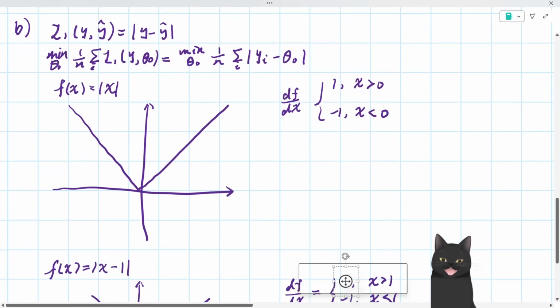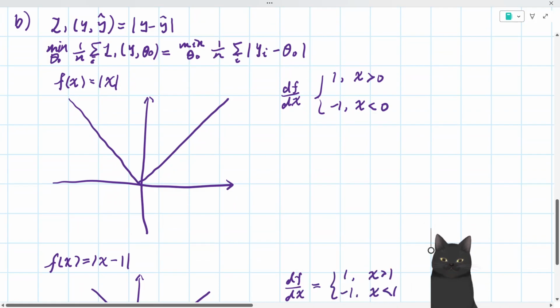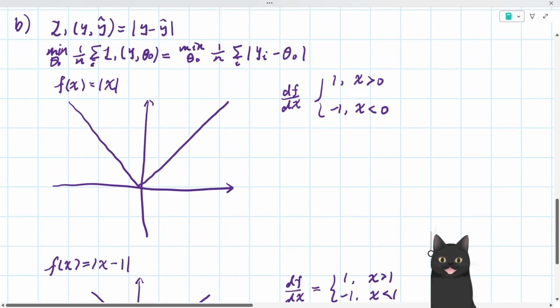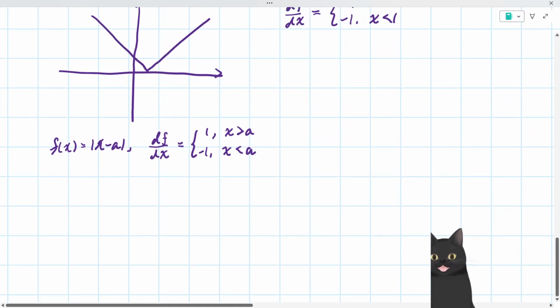Okay, so now knowing that, let's try to take the derivative of the mean absolute error, which is the average of all L1 losses, with respect to theta naught. And inside that's the absolute value of yi minus theta naught.